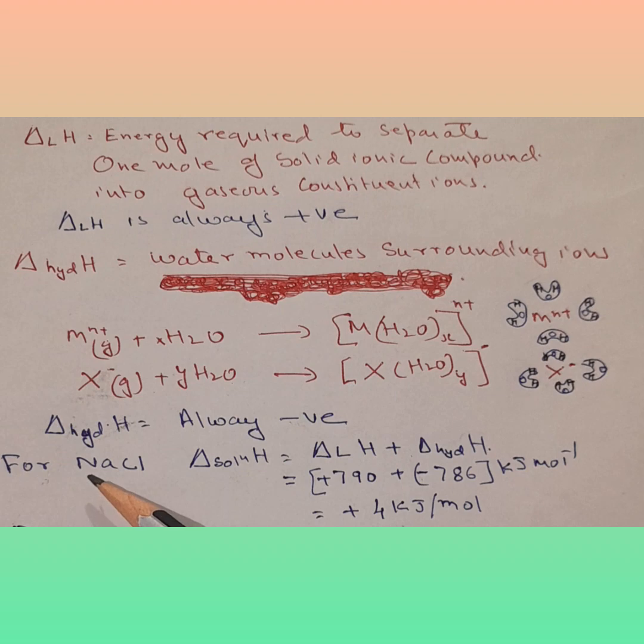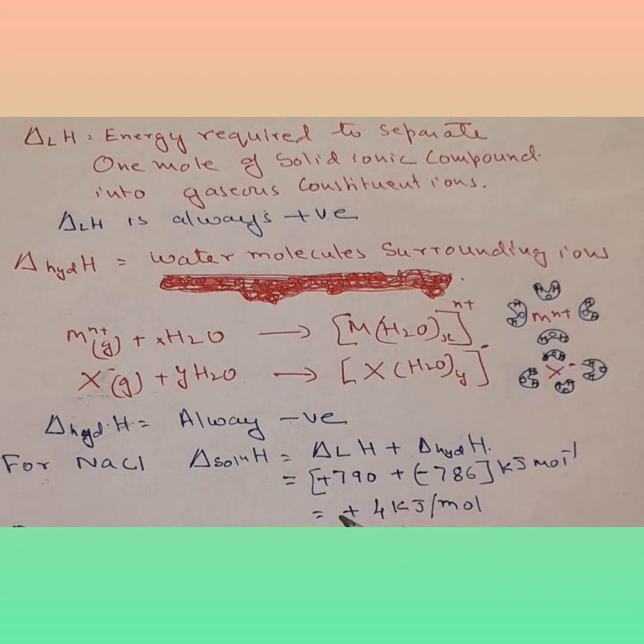Now if we take the example of sodium chloride, in case of solution we would have two enthalpies. One is that of lattice and another is of hydration. In case of sodium chloride, lattice energy is plus 790, whereas the enthalpy of hydration is minus 786 kilojoules per mole.